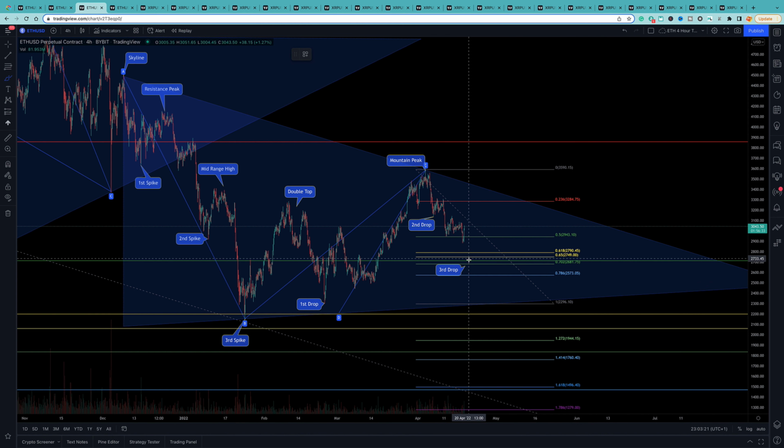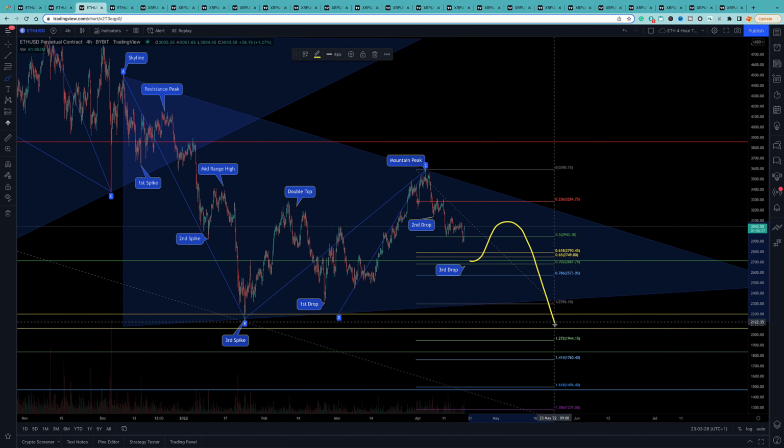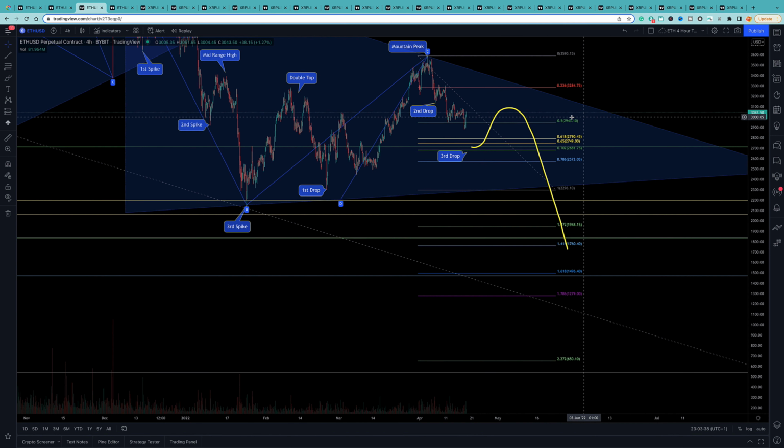And it looks like we'll have another little lift and then down. There we go. I think that might be it.